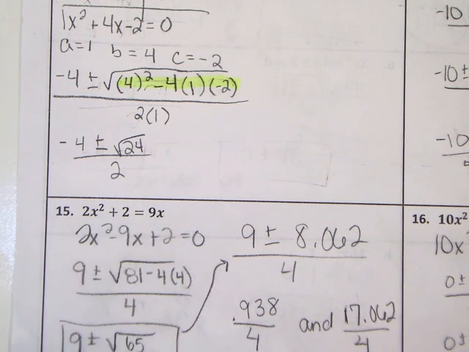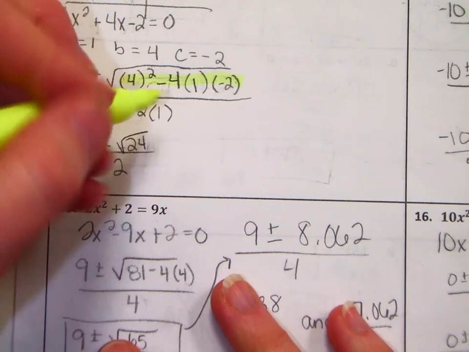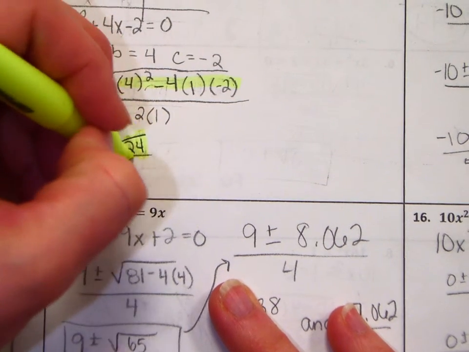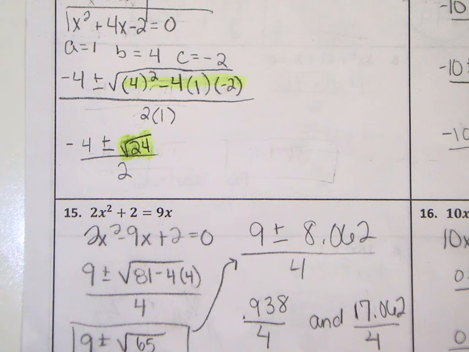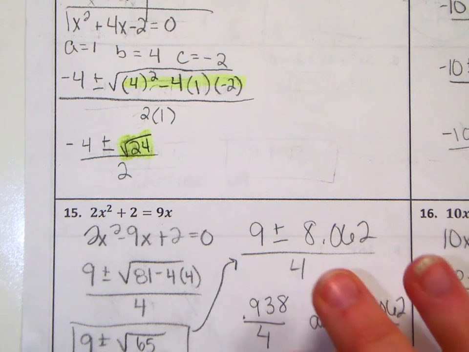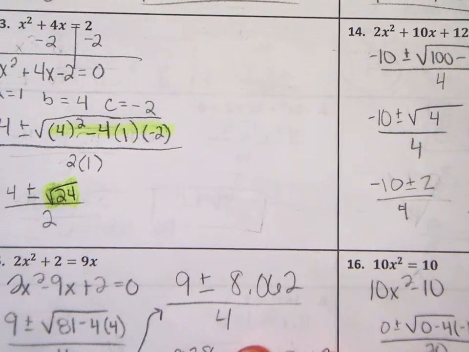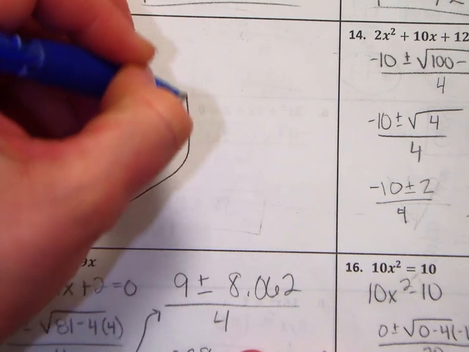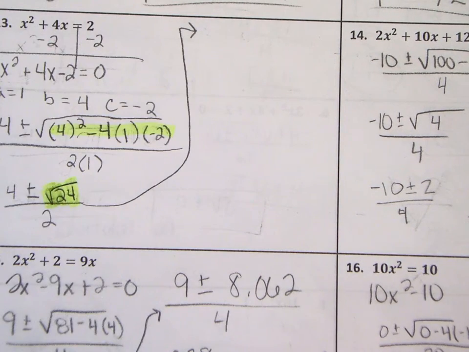The next thing they need to do is put the square root of 24 in their calculator. So this time they're actually going to use the square root sign. And you can do this even on a normal iPhone calculator or a Droid calculator. So you're just going to change the square root of 24 into a decimal.